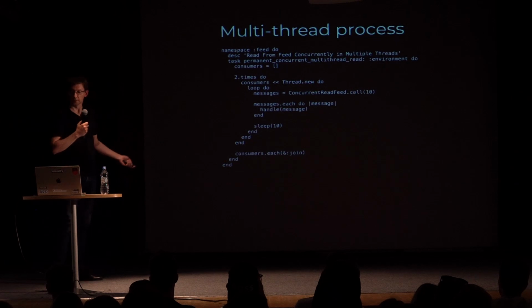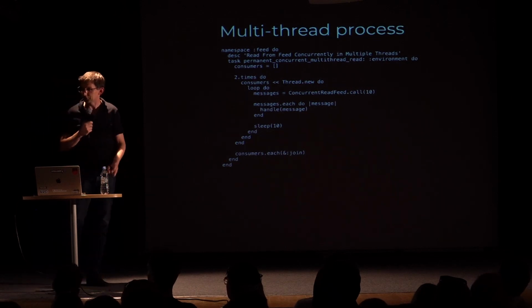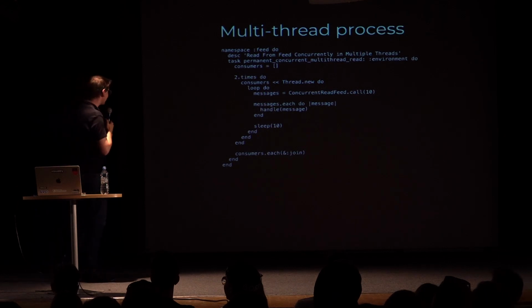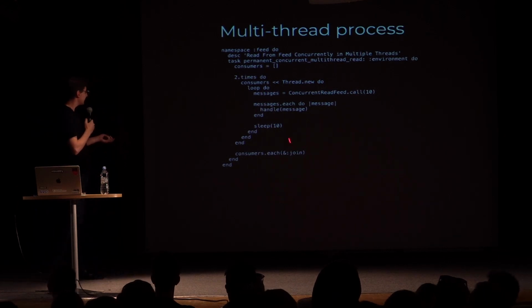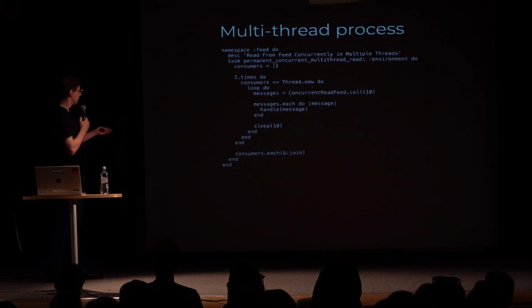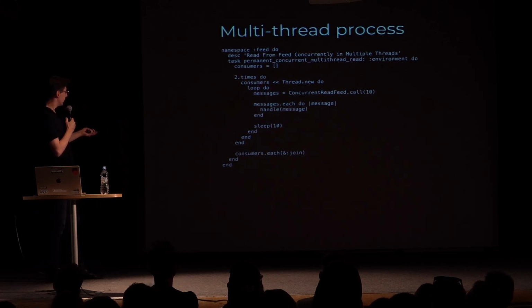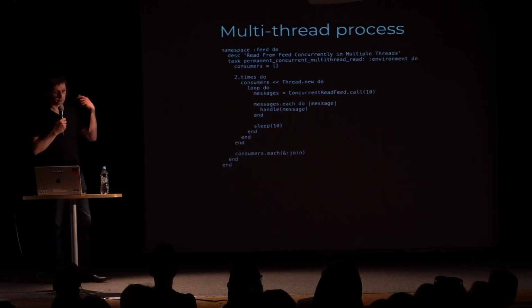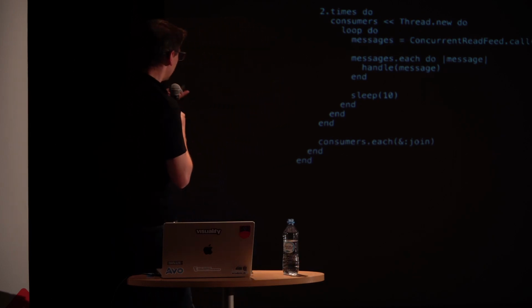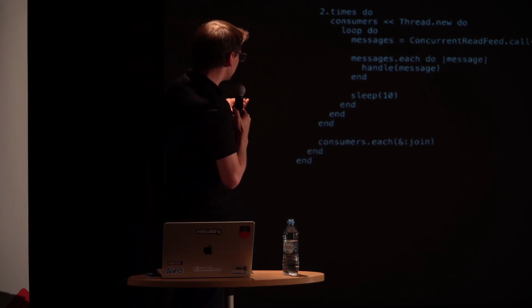I've tested it because I've heard in one of Chris's presentations that you always have to test your code before showing. So it actually runs and it does the work. It runs 2 threads with concurrent read and it sleeps for 10 seconds. And so now we've negated the cost of the second dyno, and this would actually run and read the messages.